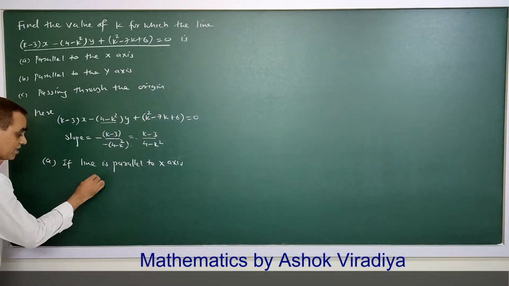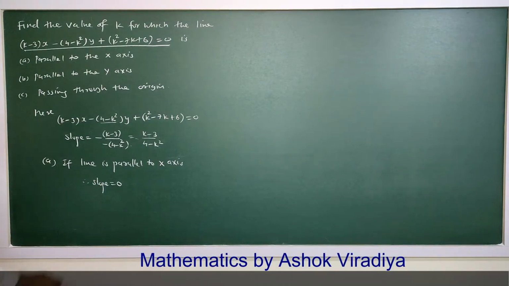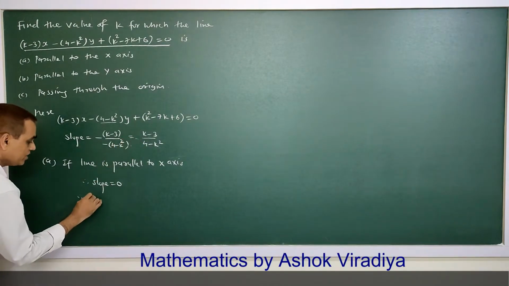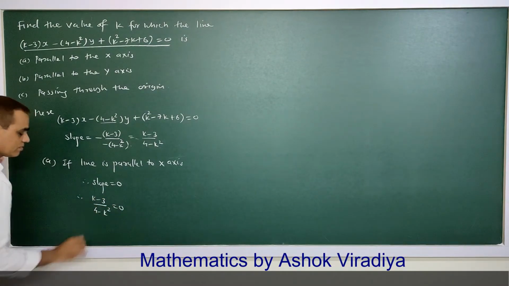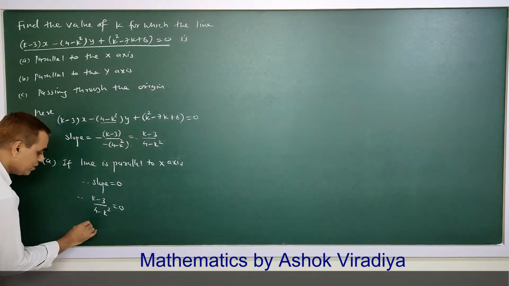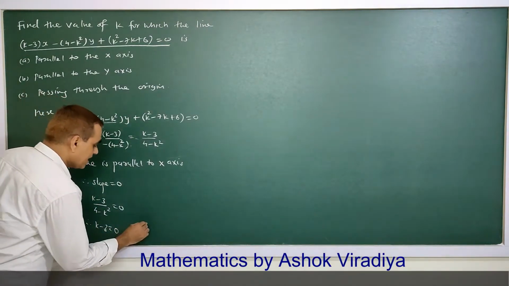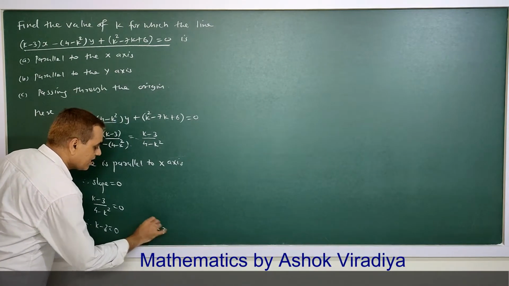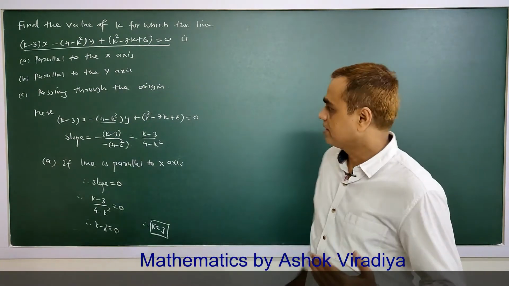Therefore slope is 0, that means this value is 0, and a ratio is 0 if the numerator is 0. So in this case k is 3. If k is 3, the line is parallel to the x-axis.